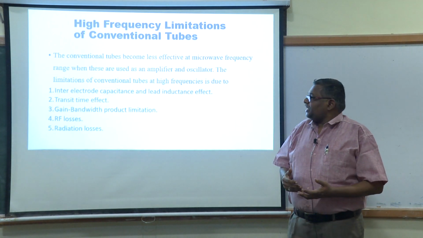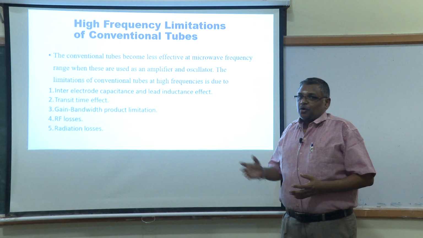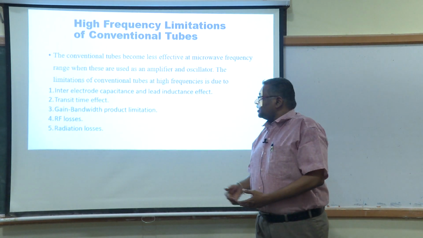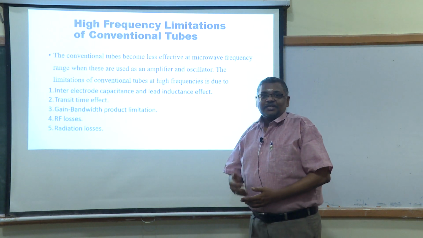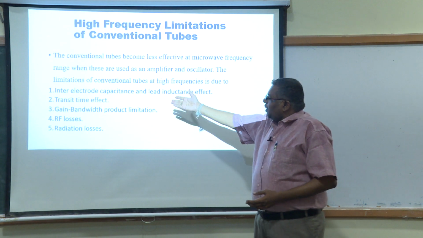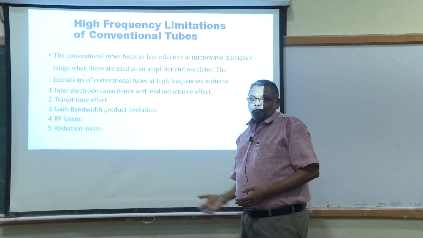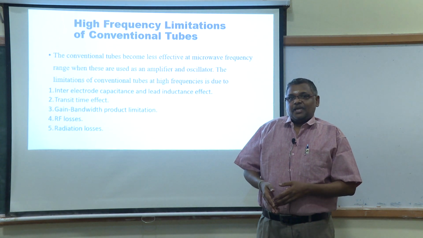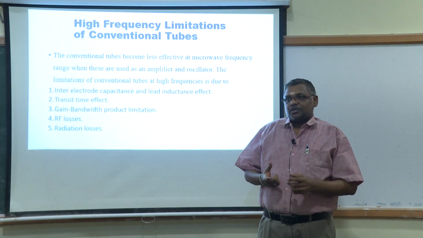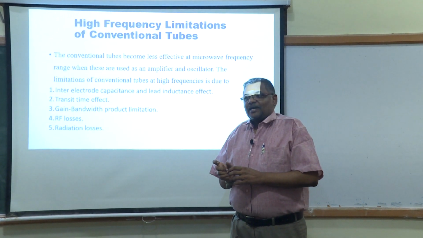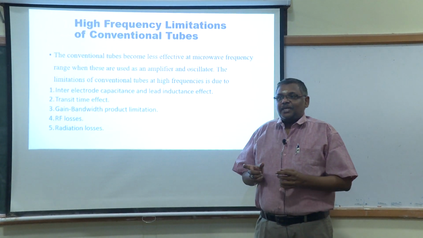The diode acts as a parasitic capacitance, which produces a larger effect that reduces the power efficiency of the tube. To reduce it, we have the formula C equals mu naught mu R A divided by D, where you can reduce this parasitic capacitance either by decreasing the area or by increasing the distance between the electrodes.